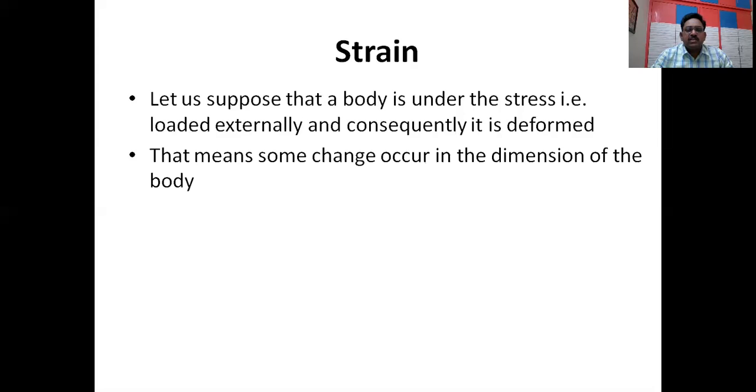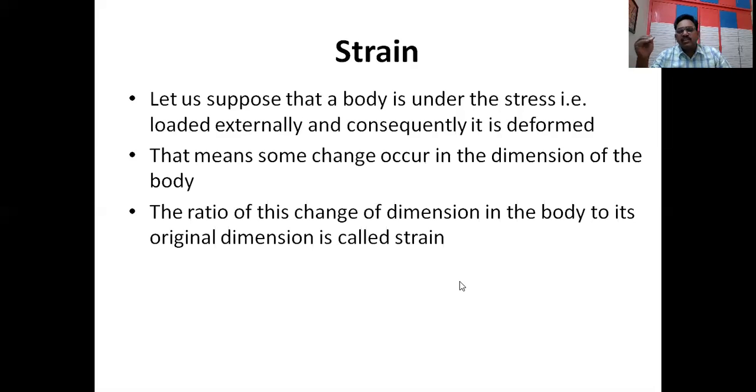Therefore, strain is the ratio of this change in dimension to its original dimension. Whether it is a length, a width, a cross-sectional area, or a diameter, whatever it may be, the change in dimension to the original dimension is called strain.